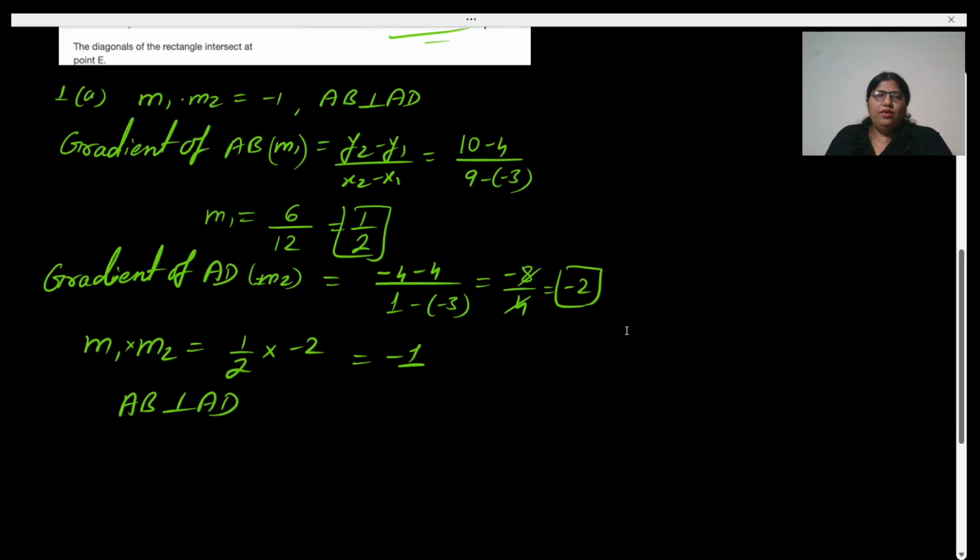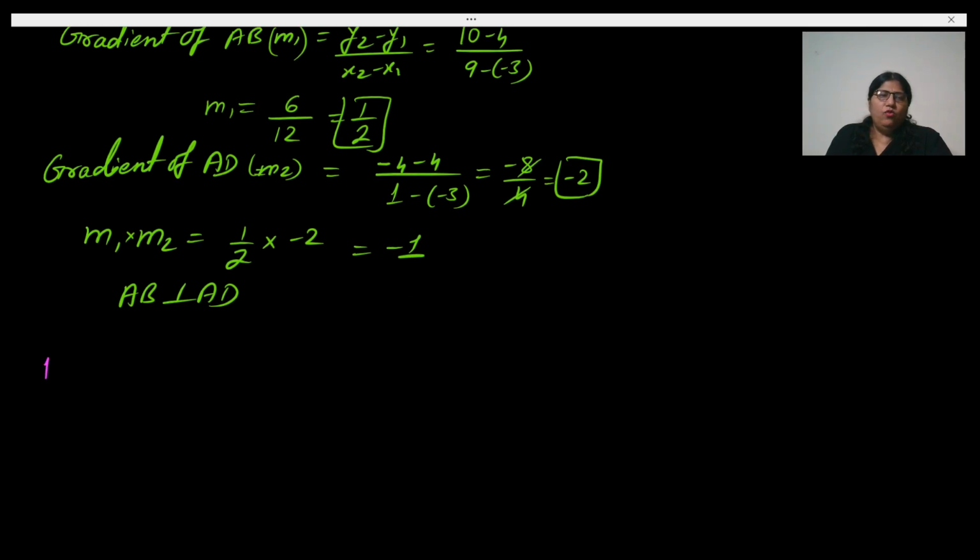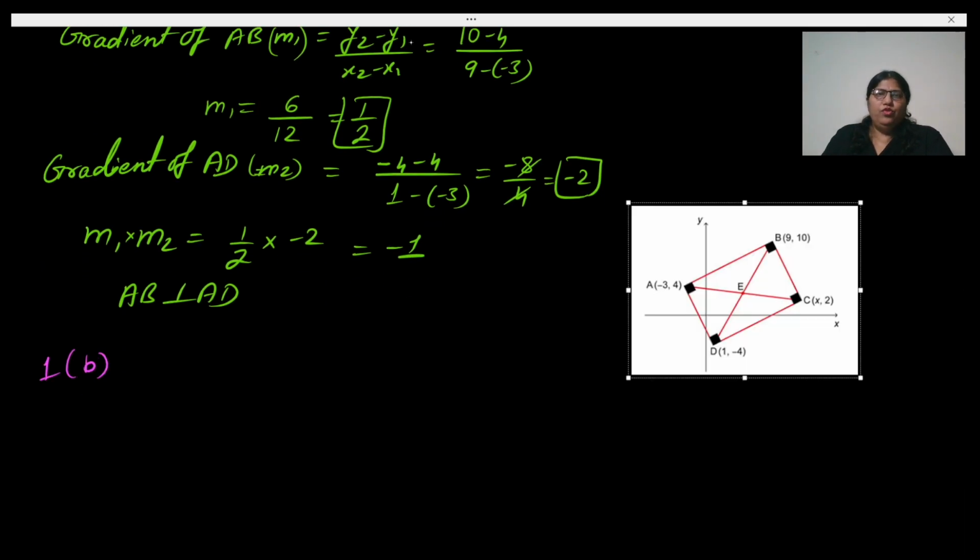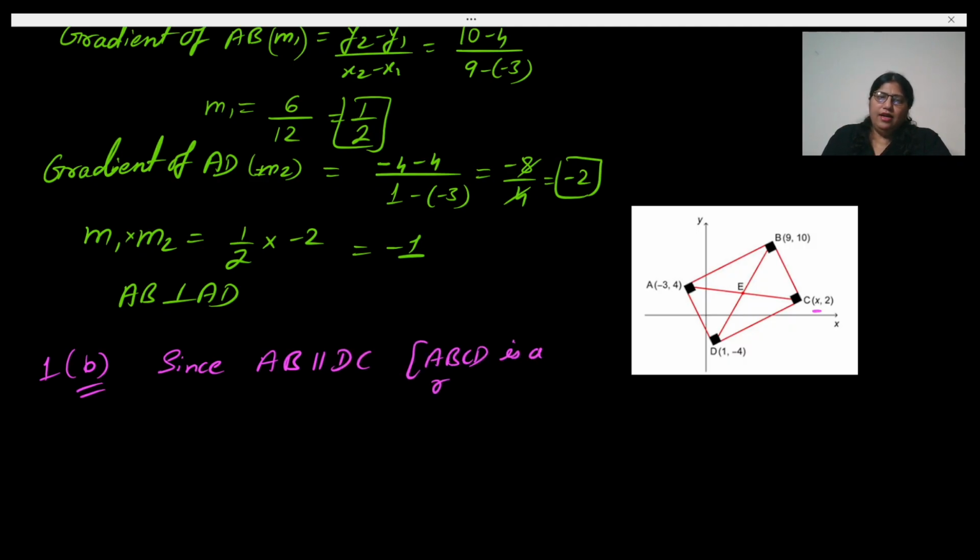So what are you going to write here for 1B? How are you going to prove they are parallel? You need to find the x coordinate. So you can write: since opposite sides are parallel, AB is parallel to DC, because ABCD is a rectangle, and in a rectangle opposite sides are equal and parallel.